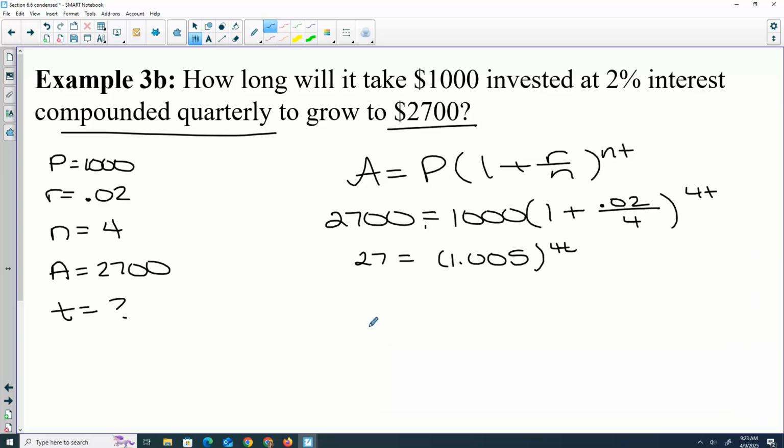What do you do at this point? Don't you divide the 1.005? Well, it's taken to a power. So if we can't get a common base, what do we add if we can't get a common base? Log.